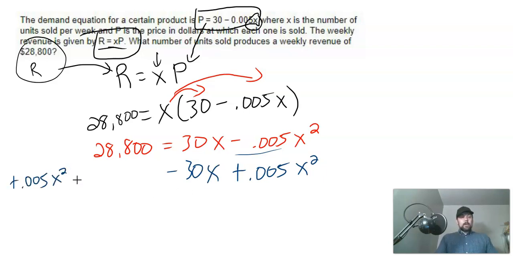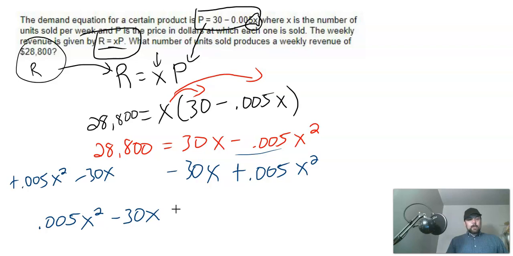We'll put that in order from highest to lowest power, so we'll have positive 0.005x squared minus 30x plus, because it's a positive number here, we'll have to put a plus sign in front of it, 28,800 equals 0.